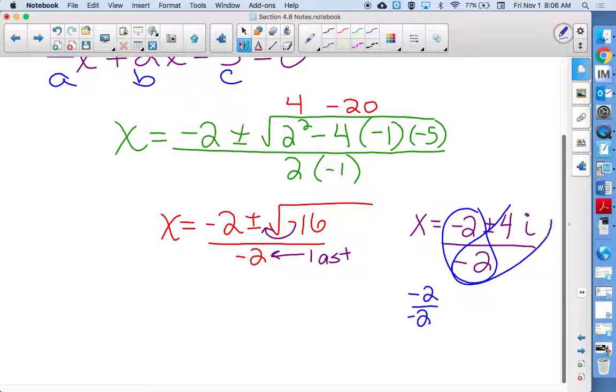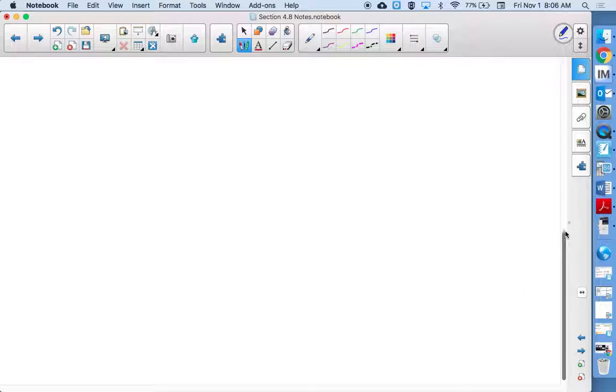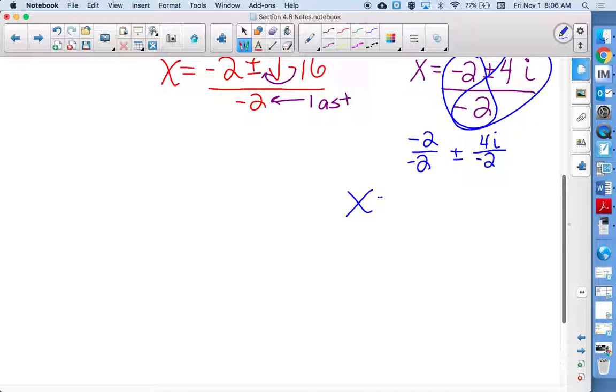And then it also means I have the 4i divided by negative 2. When you have a fraction, whatever's on the bottom affects everything on the top. So both of those values are being divided by negative 2. So Ava, negative 2 divided by negative 2 is? 1. And then a plus or minus 4 divided by negative 2 is negative 2.